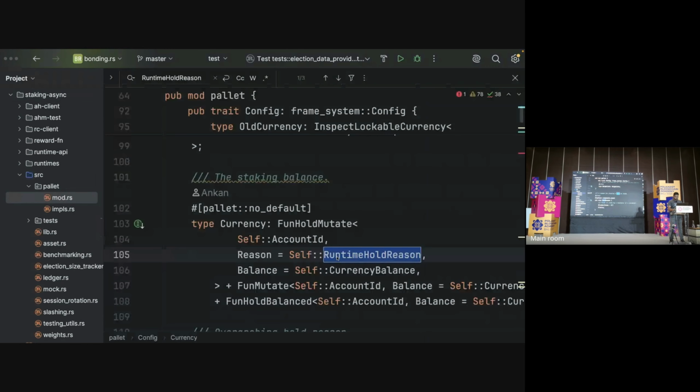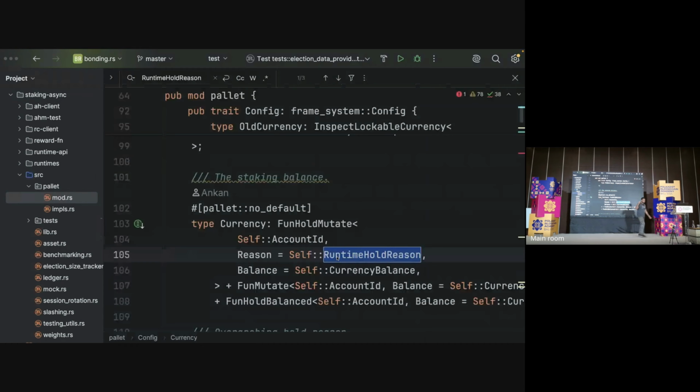So let's see what you need to make a hold. There should be a runtime hold reason. So what kind of currency in your assignment template? It's called native currency, I think. Native balance. And this fungible hold mutate has some associated types that you need to mix and match.